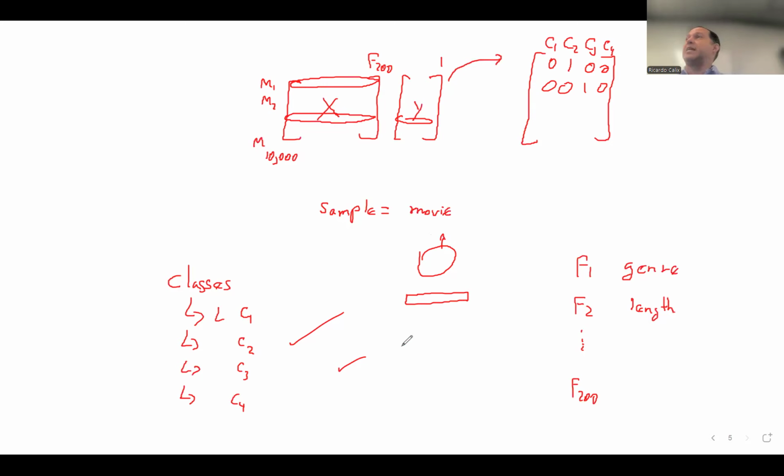Sometimes if it's a cat and a dog, what is the sample? The image of the cat that goes in, and then it says cat. In the network intrusion problem, what was it? It was that bucket of packets that we would calculate the statistics for.